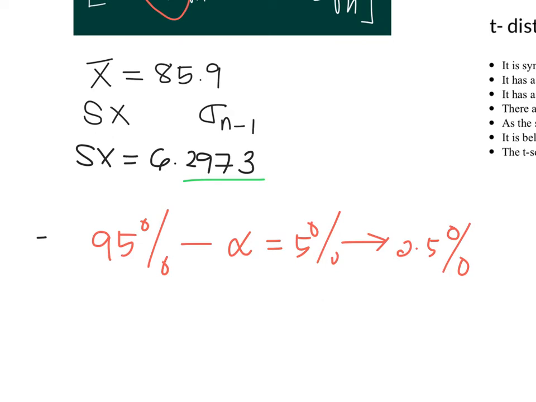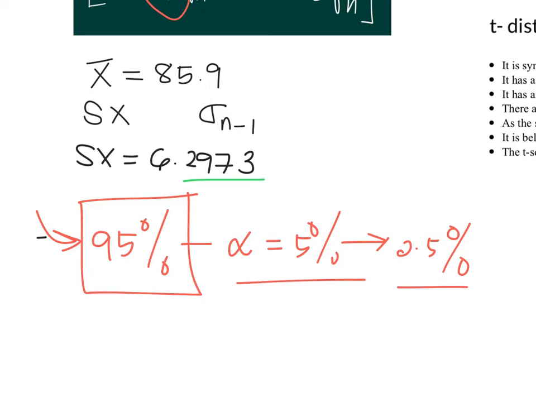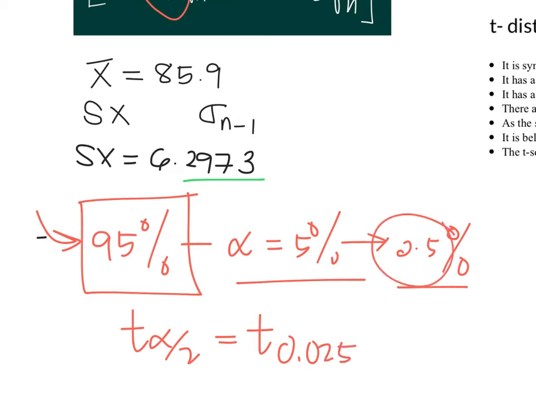But anyway, we are using the version of the t-table in which all we need to know is the confidence level. I'm just listing this down so that you can get the relationship. When you write the t of alpha over 2, you should write it as t of 0.025 because what we need is 2.5%.